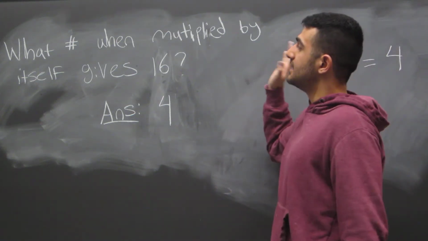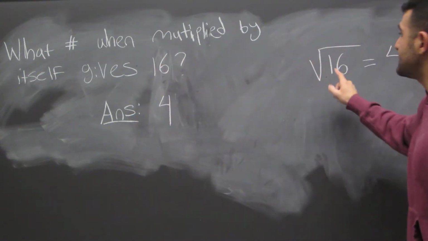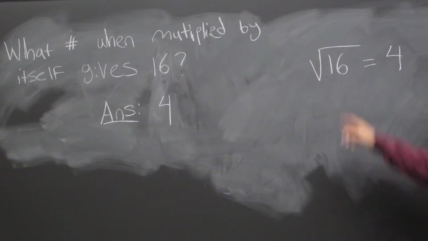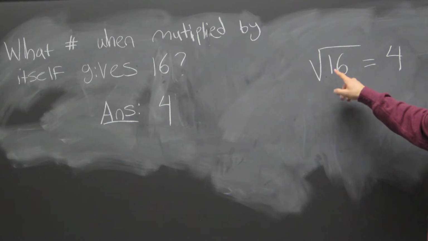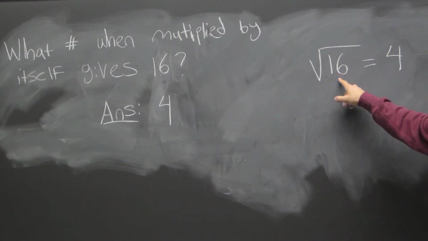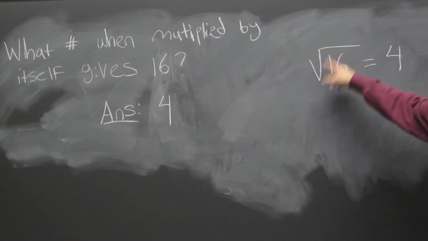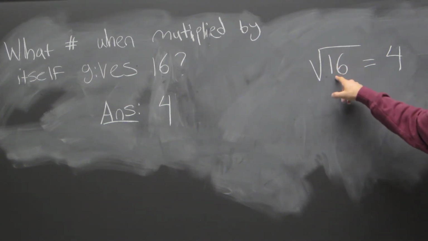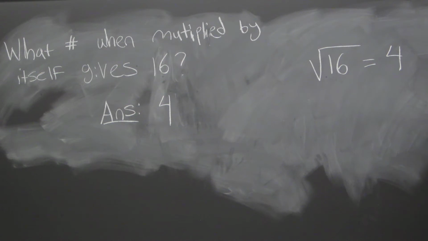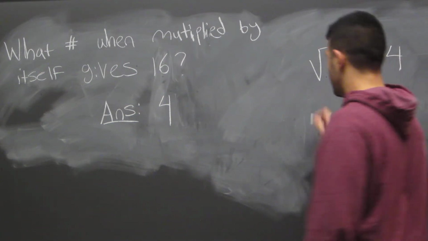Instead of me writing this whole thing, this says the exact same thing as that. This symbol says, what number when multiplied by itself gives, and the number inside is 16. That number is 4.